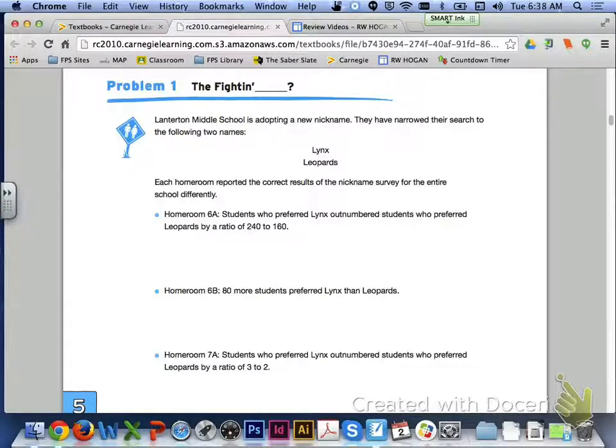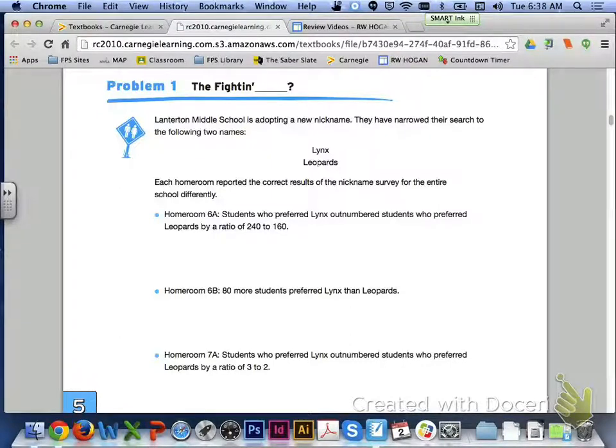So what I want you to do is take a look at all of the bullet points for homeroom 6A, 6B, 7A, and 7B. After you read over how each homeroom reported the results, I want you to describe the meaning of each statement. It asks you to do that down in number 1 at the bottom of page 316.